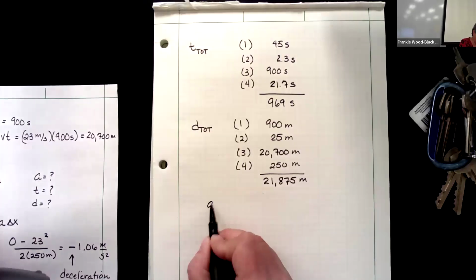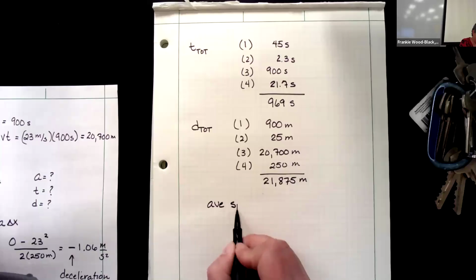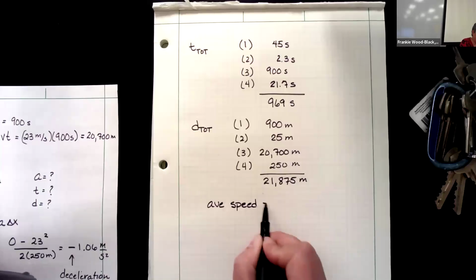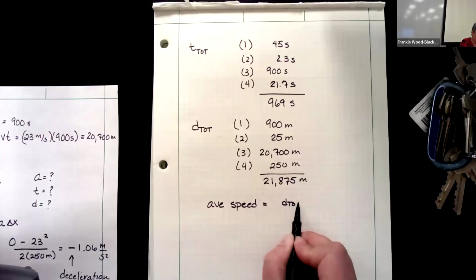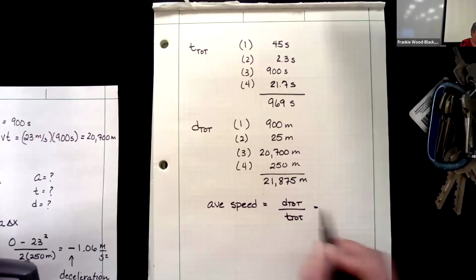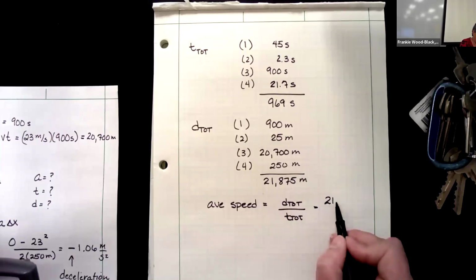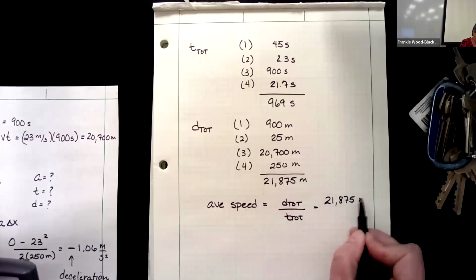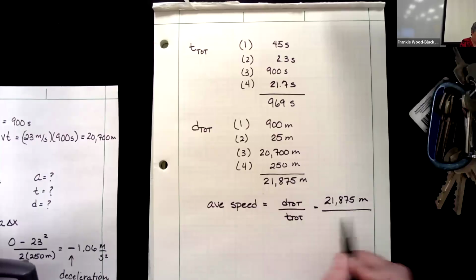So now I can calculate an average speed, which is the total distance divided by the total time. And that is 21,875 meters divided by 969 seconds.